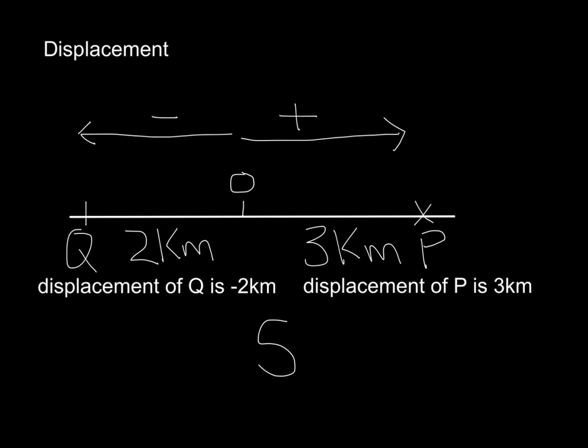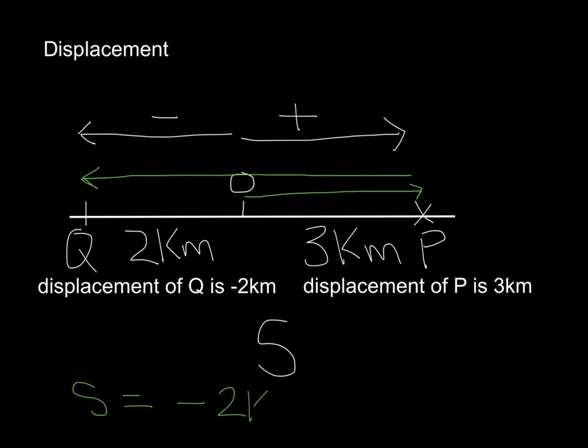So supposing I start at the origin and start walking towards point P. I get to point P and I turn around and I walk back past the origin to point Q. My displacement S is equal to minus 2 kilometres, because I've ended up 2 kilometres to the left of the origin. However, the distance I've travelled is different from the displacement.